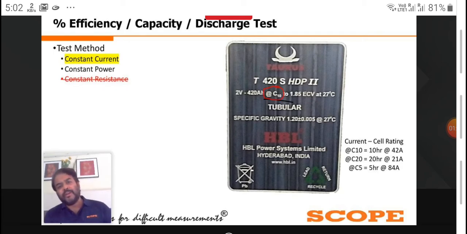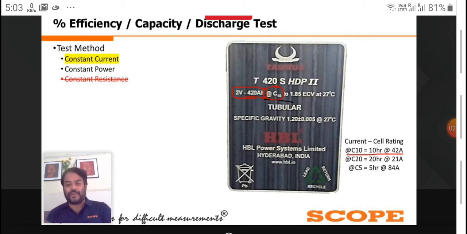So when we are talking about C10, here it is mentioned as 420 ampere hour. So this battery is supposed to operate in this fashion. It should be discharged in 10 hours with a maximum current of 42 ampere. That is the rated current and rated time duration.